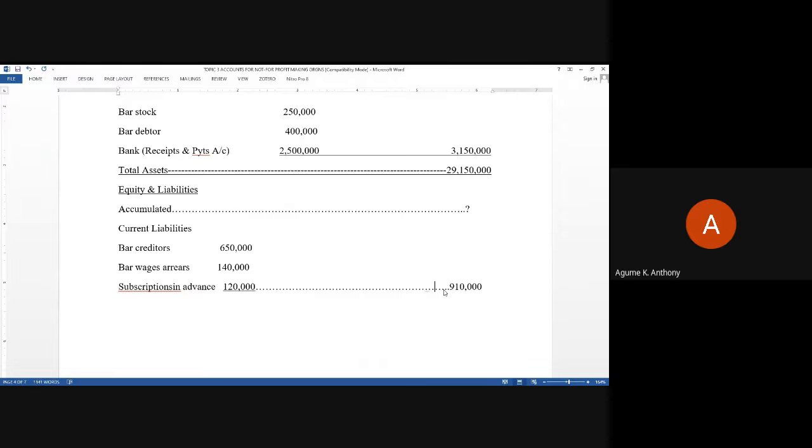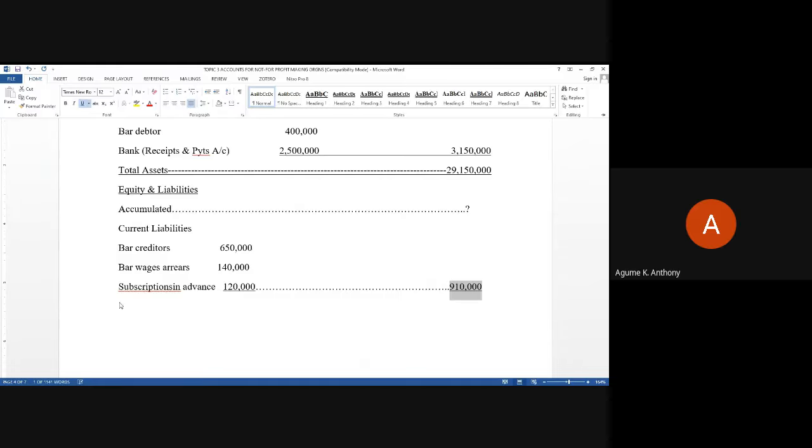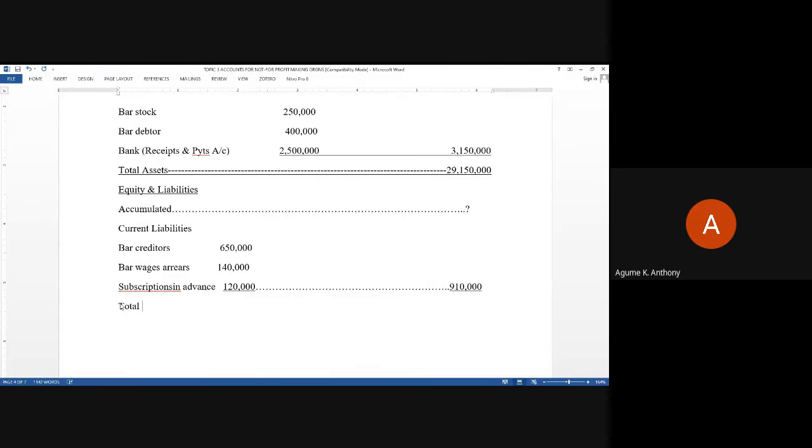So remember, if I add this to get my total equity and liabilities, total accumulated fund and liabilities, I should be able to get 29 million, which should be the same as that of assets. 29,150,000.